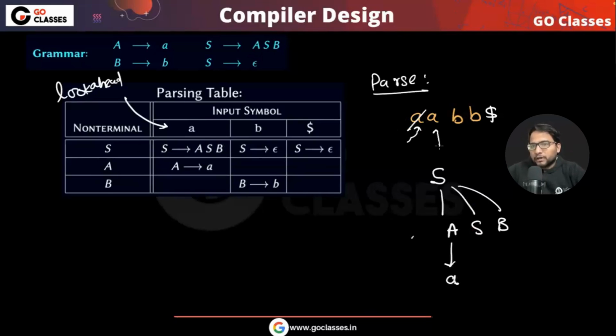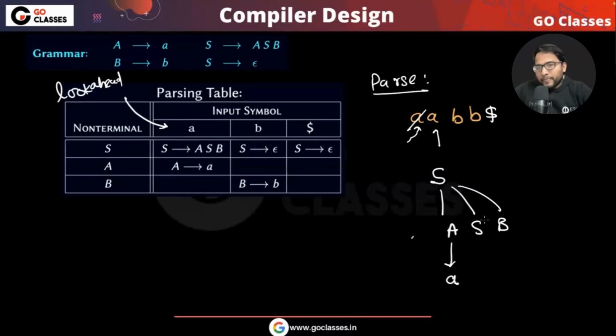Now you will move to the next symbol. Now you have a small a in hand, and you want to produce a small a using capital S. Which one will you go with? ASB, right? If you want to produce a small a using S, you will go with this production, right?